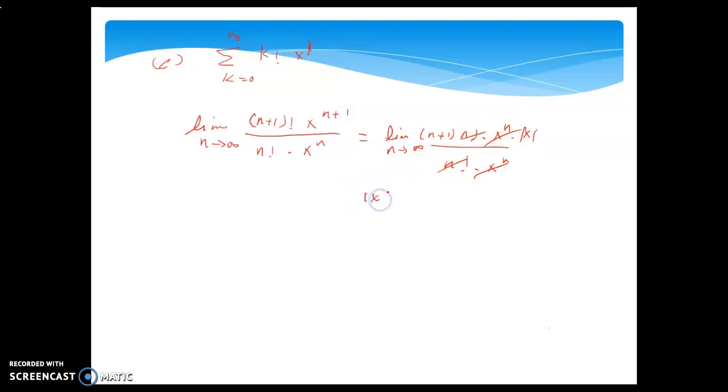So we have x times the limit as n goes to infinity of n plus 1. This is going to give you 0 if x is equal to 0, and it's going to give you infinity if x is not equal to 0. So the only number that is convergent is when x is equal to 0.